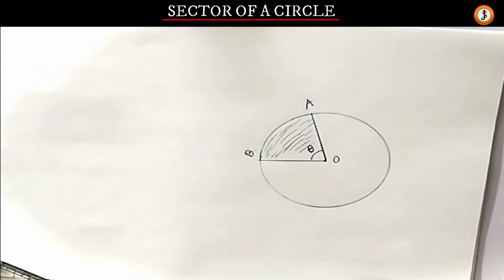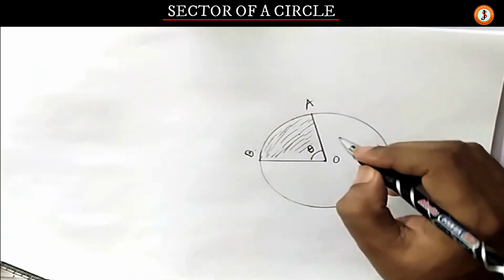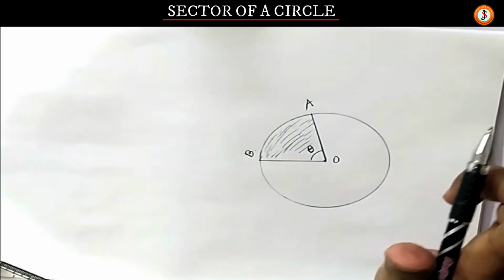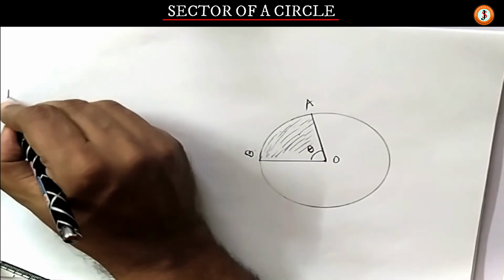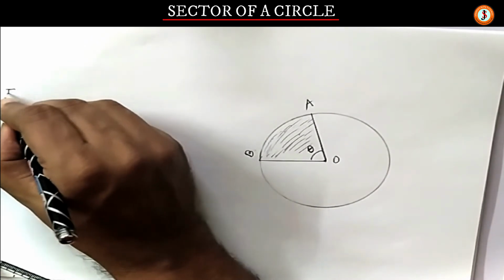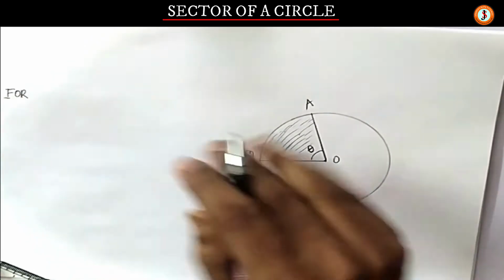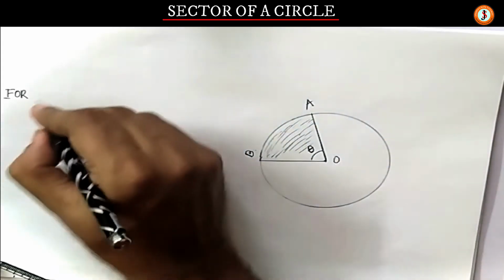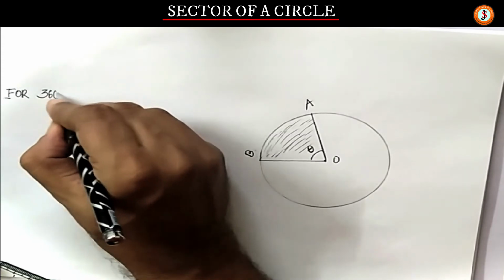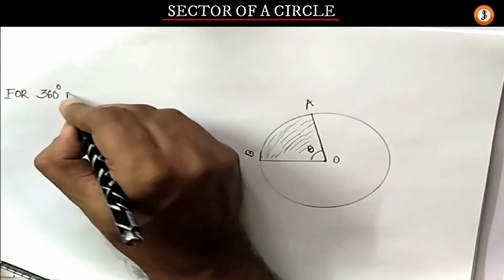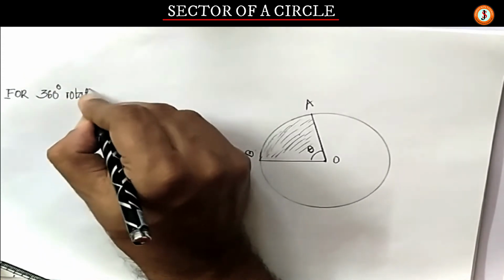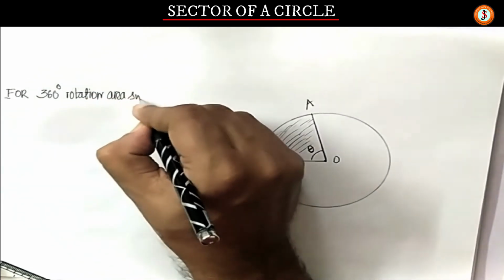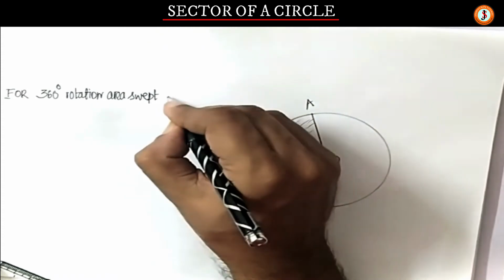Now if OA moves one round, suppose it moves one round and comes back to A, then the area is pi r square. So we can say if it moves completely one round, it means it covers an angle of 360 degree. So for 360 degree rotation, area swept is equal to how much?